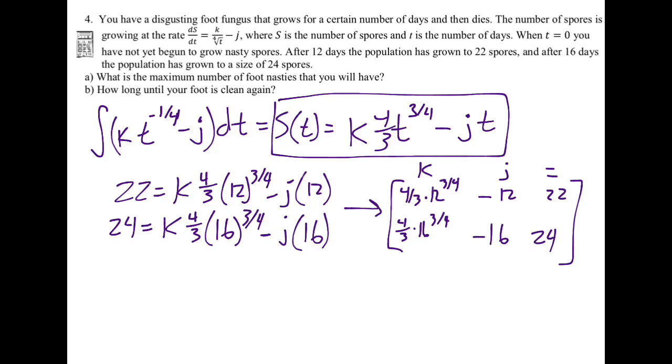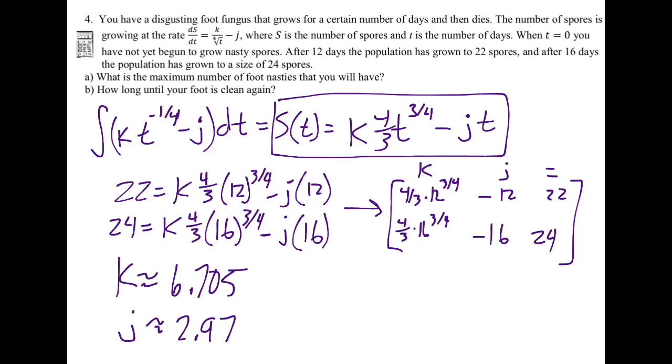So I'm going to enter this into my calculator and do an RREF to find the value of k and j. Should find that k is roughly 6.705 and j is roughly 2.97.